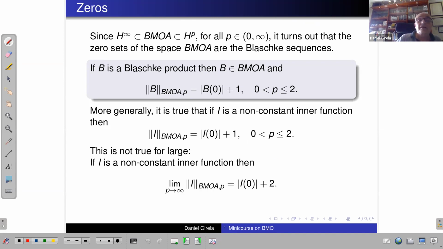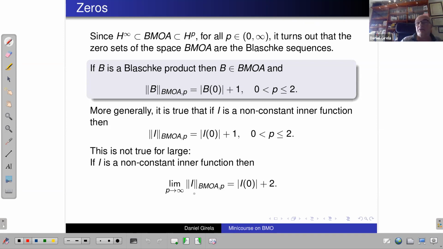What is true, and it is not difficult to prove, is that for large values of P, the conformally invariant P norm of I is equal to this plus 2 when P goes to infinity.